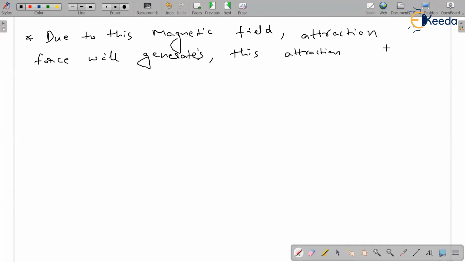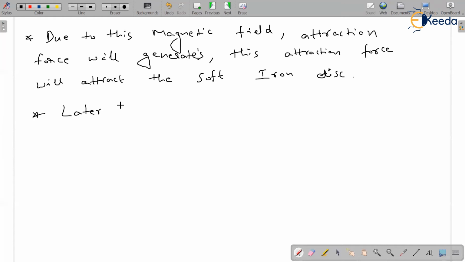This attraction force will attract the soft iron disc.